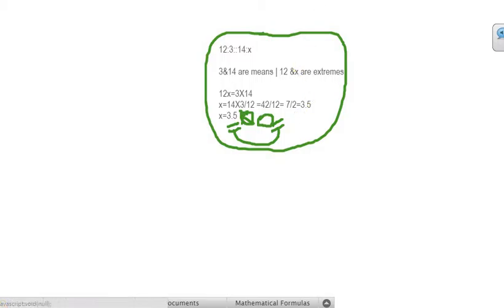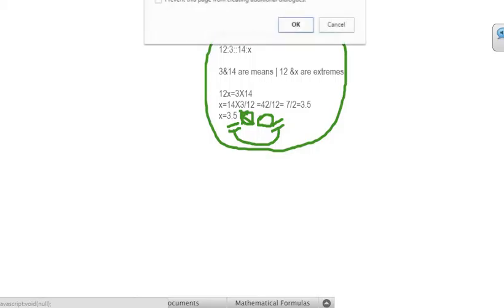So now in proportion there are other things. In proportion you have to find the third proportion. So how do you find the third proportion?